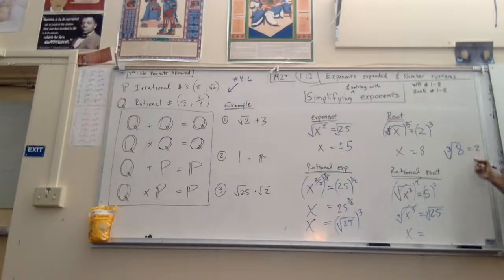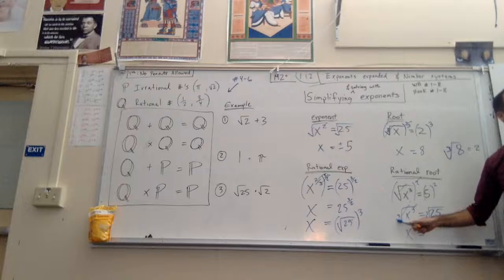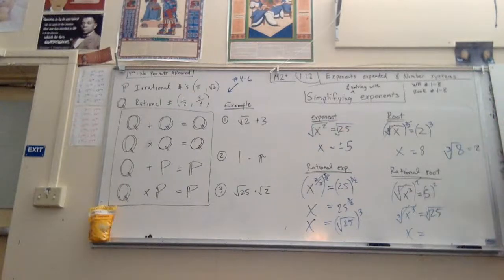If I had negative 2 and I put it in there, negative 2 times negative 2 is 4, times negative 2 is negative 8. So you're going to see when you have roots that are odd, you don't have to put plus or minus. It's just going to be the positive value of that. Okay, you see what I'm saying? So the 2nd power, 4th power, all the quadratic roots.